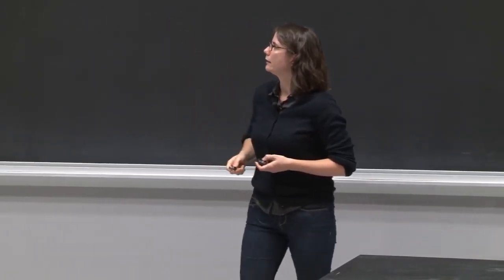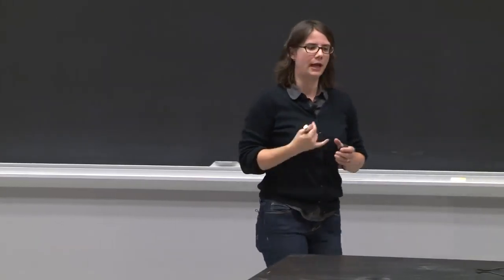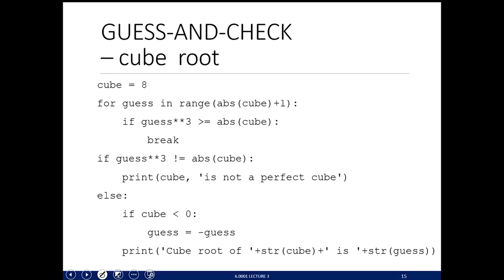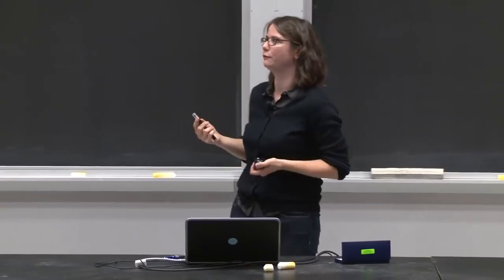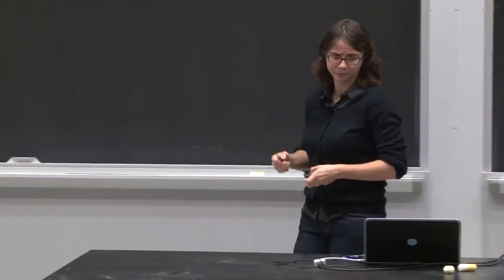So we can modify the code a little bit to add 2 extra features. Okay. The first is we're going to be able to deal with negative cubes, which is kind of cool. And the second is we're going to tell the user if the cube is not a perfect cube, hey, this cube is not a perfect cube. So we're not going to silently just fail, because then the user has some sort of feedback on their input.